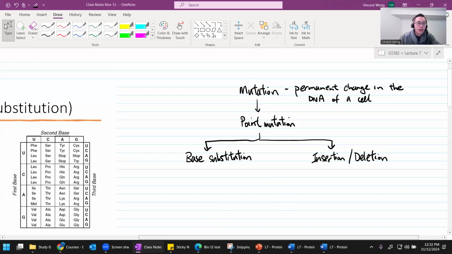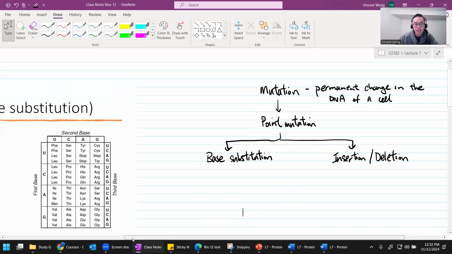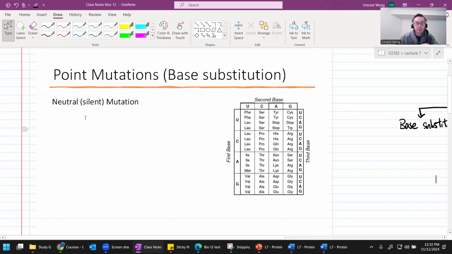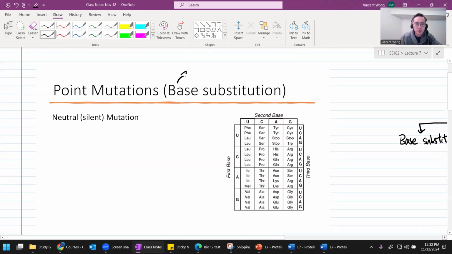Okay, so we have a few examples to go through from the PowerPoint slide. I just copied it over here so that it is easier for me to post it as a note afterwards. Right, so over here, let's take a look at the first type of base substitution. Base substitution basically means replace one nucleotide with another.